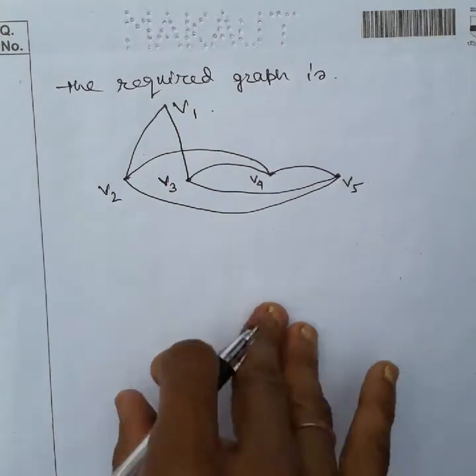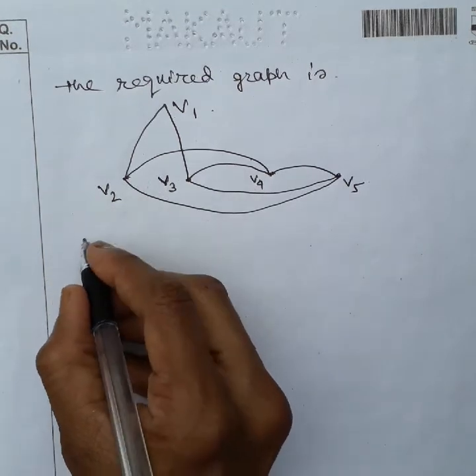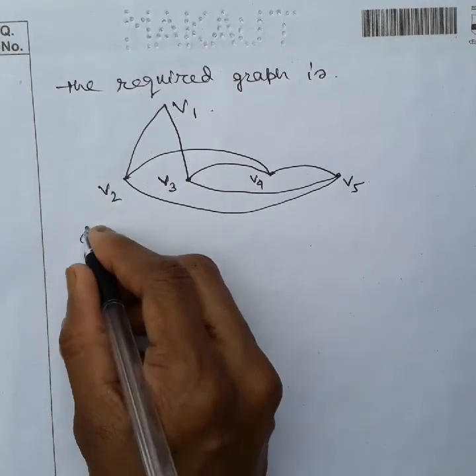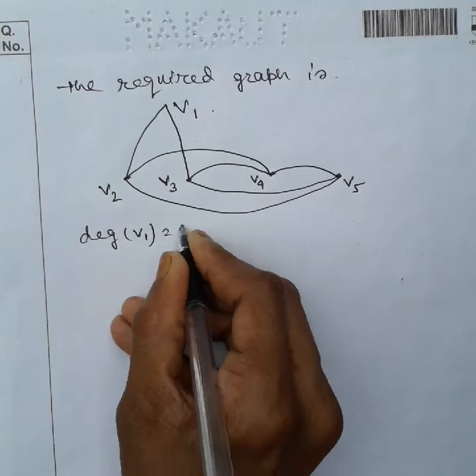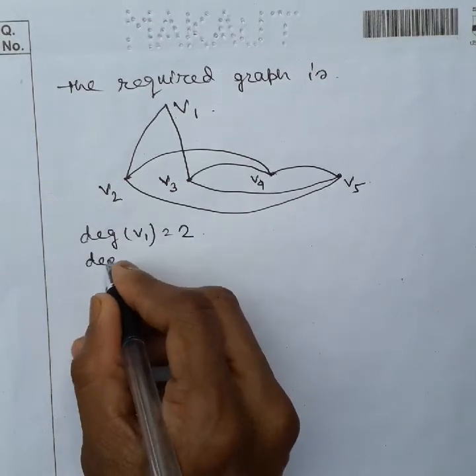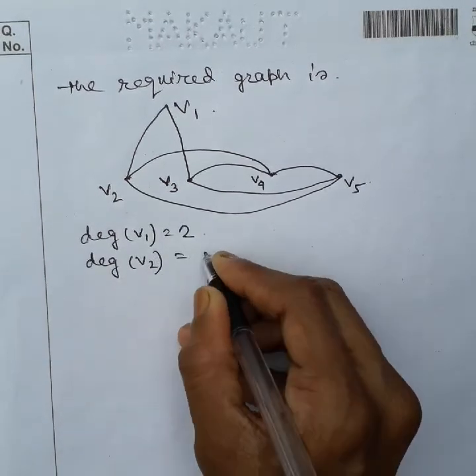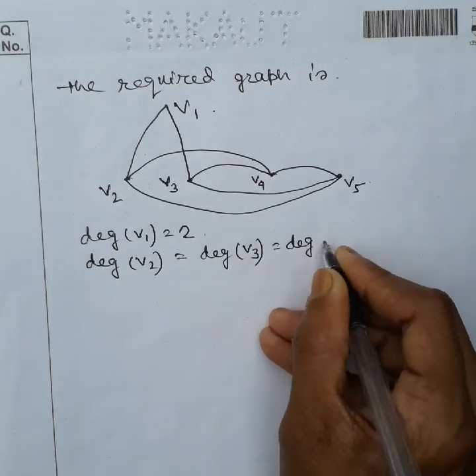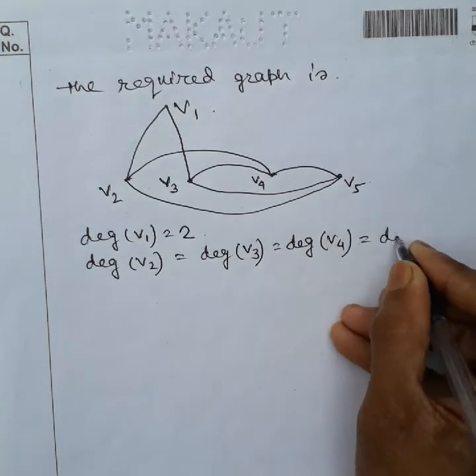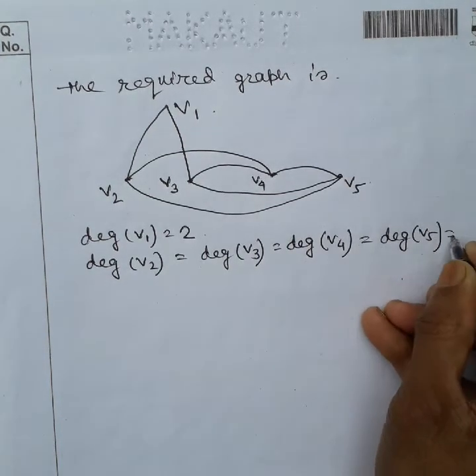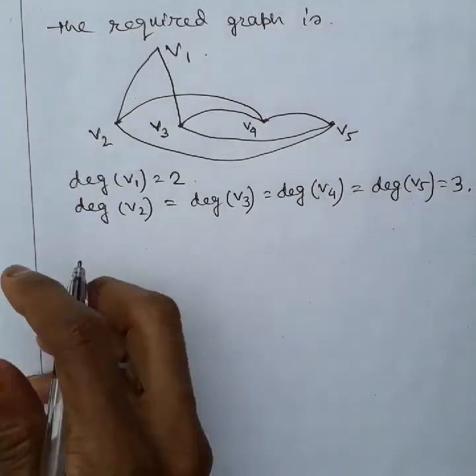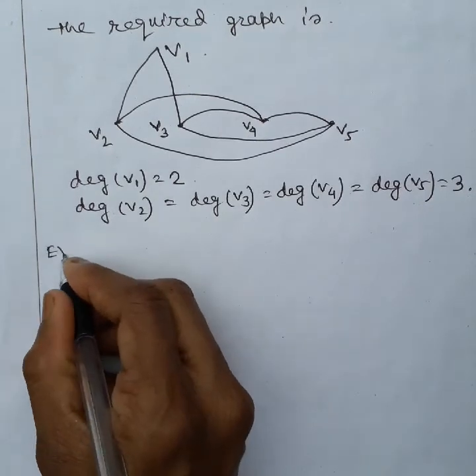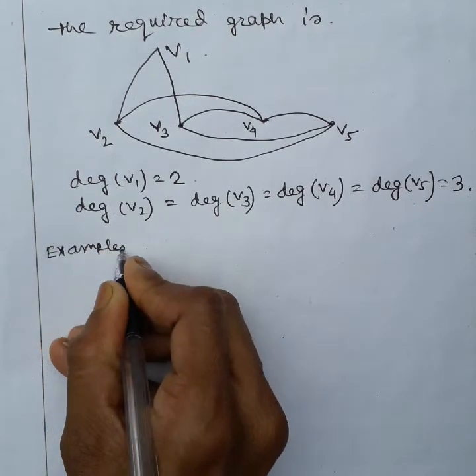Now this is the required graph. Okay. Here degree of V1 is equal to 2 and degree of V2 is equal to degree of V3 is equal to degree of V4 is equal to degree of V5 is equal to 3. Okay. Now another example.